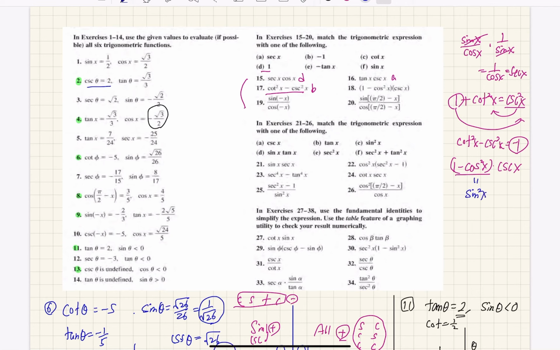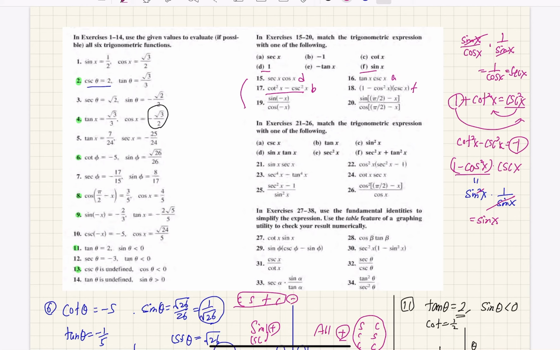You should memorize all the fundamental identities. So sine squared x times cosecant x, which is 1 over sine x. You can divide the denominator and numerator by sine x. So the answer is just sine x. Sine x is here, F.